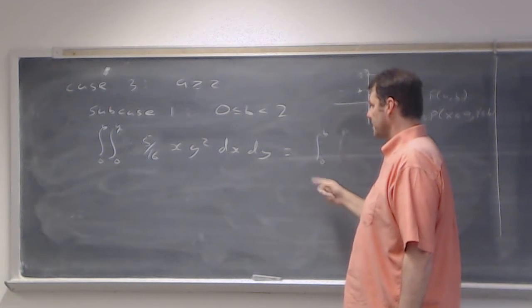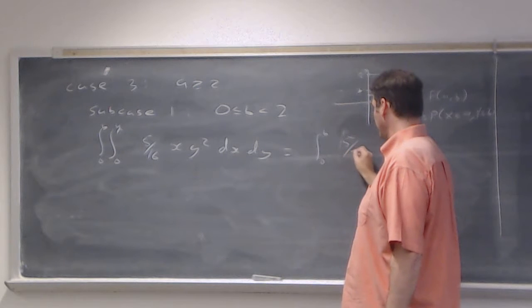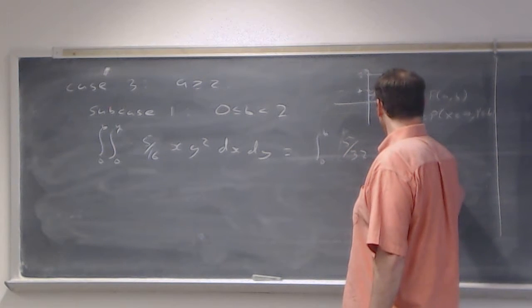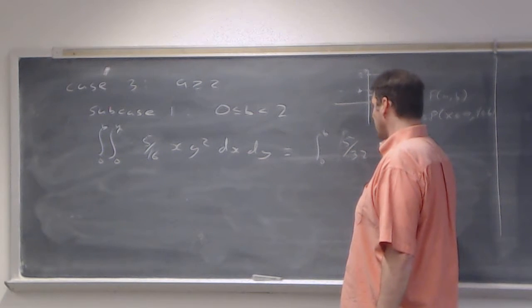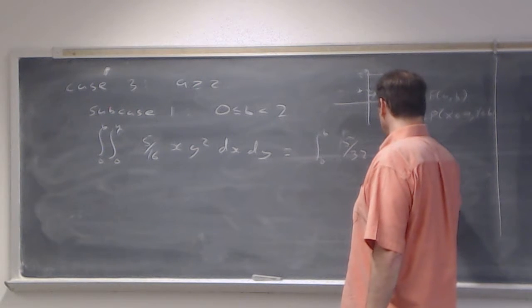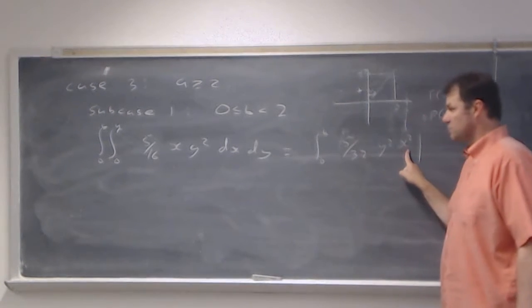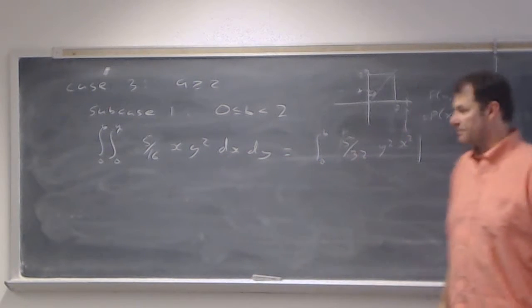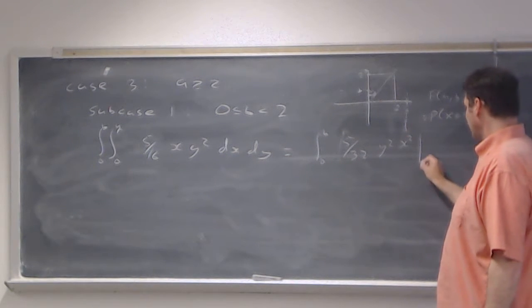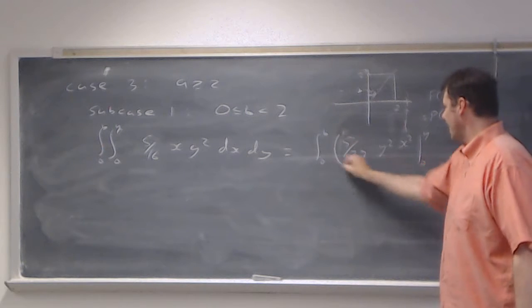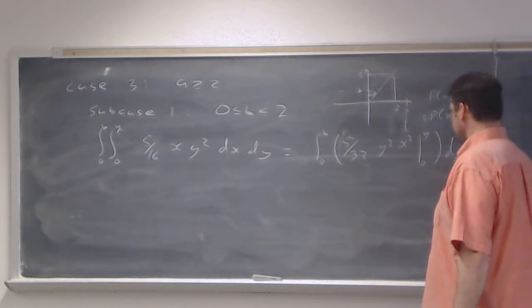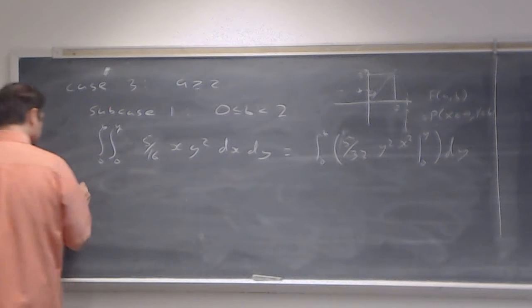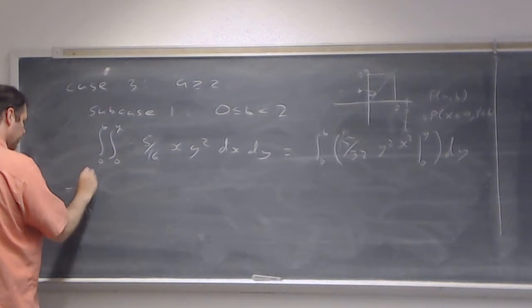Here, the antiderivative with respect to x is going to be 5 over 32 y squared x squared. So it's x squared over 2 that was the antiderivative, having the 2 at the bottom, and the 16 made 32. Here I evaluate from 0 to y. And once I get an answer for that, I'm going to integrate with respect to y, an integral from 0 to b.